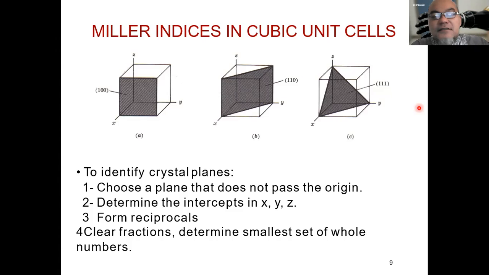If it matches, then it is correct. That is the easiest way to check whether your answer is correct or wrong. We write the Miller indexes by determining the intercepts on the X, Y, Z axes, then form the reciprocals, then clear the fractions, and then determine the smallest set of whole numbers.